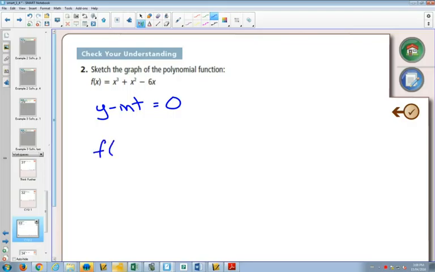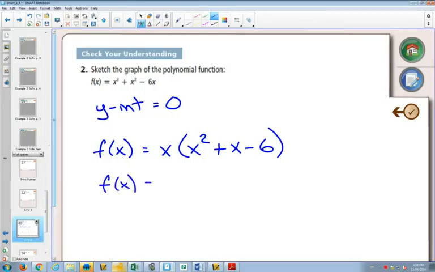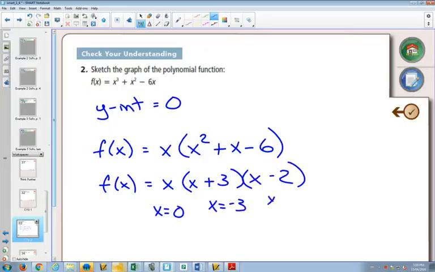So if you want, you can take that common factor of x out. And then what you're left with is already a quadratic. So then you can use your factoring skills, and so your x-intercepts are 0, -3, and 2.